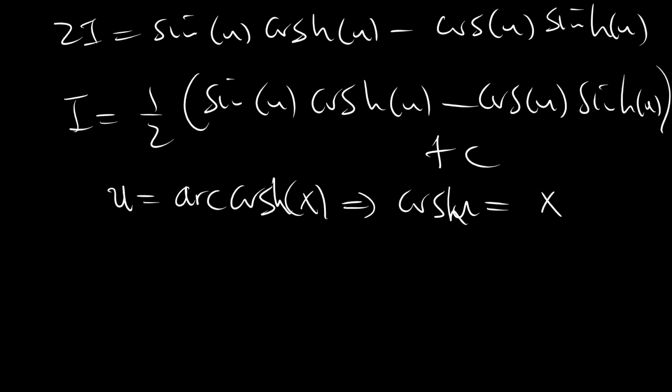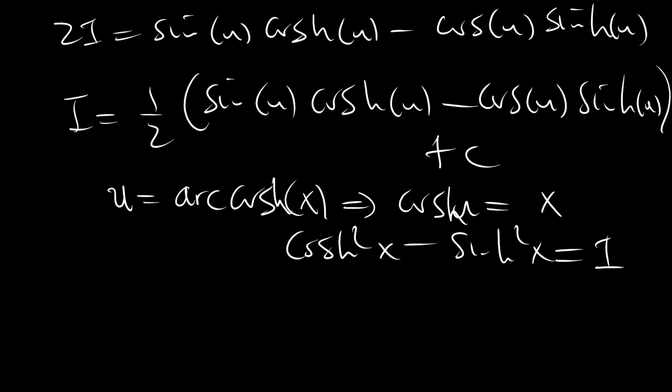So we have cosh squared of x minus sinh squared of x equals 1, which means that sinh squared of x equals cosh squared x minus 1.